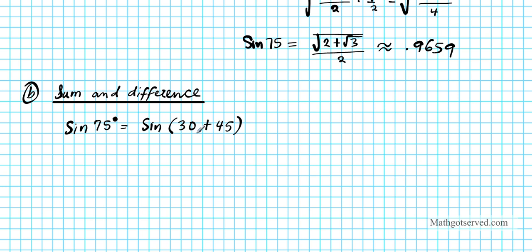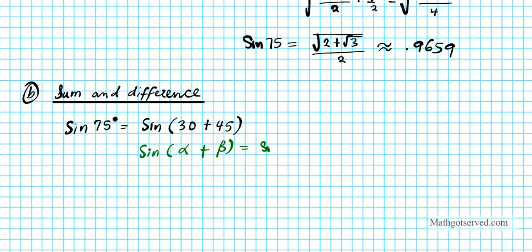In this case, we have alpha plus beta, a sum. So we're going to use the identity: sine of alpha plus beta equals sine alpha cosine beta plus cosine alpha sine beta. Notice the first one is alpha and the second is beta.